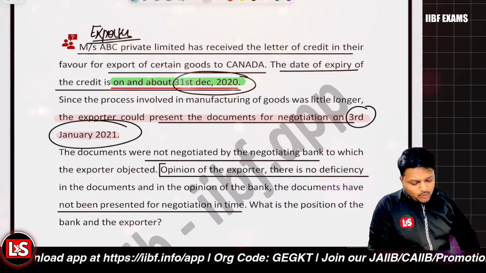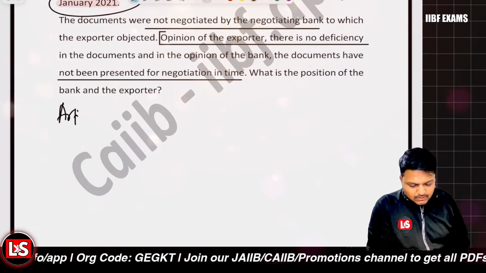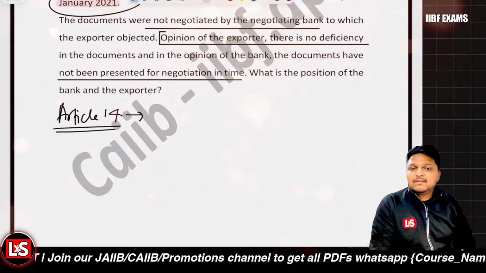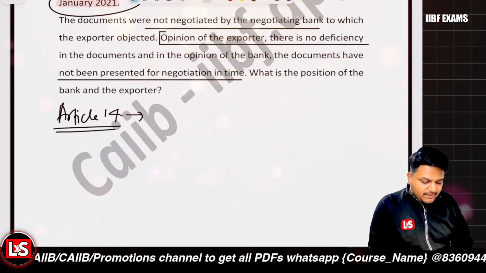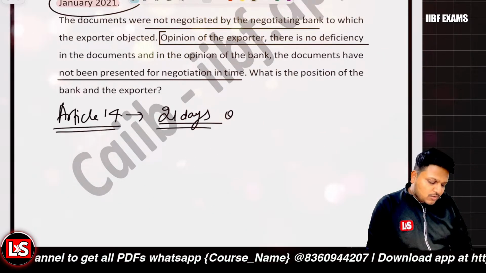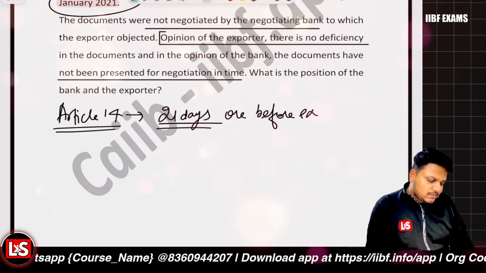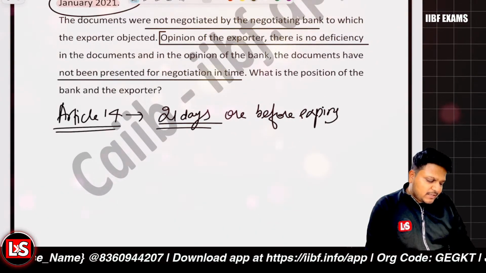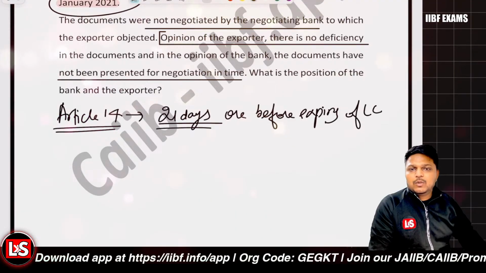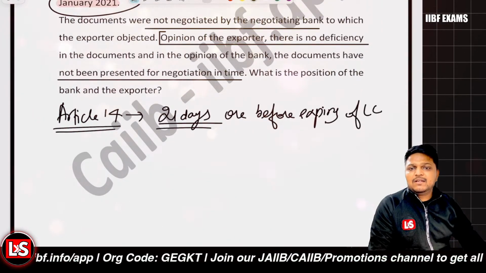Otherwise, I told you about Article 14, which says that the presentation period is 21 days. The presentation is to be made either within 21 days or before the expiry of the letter of credit.